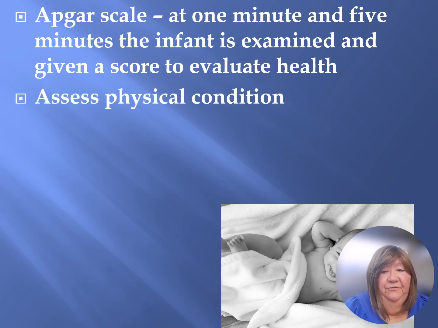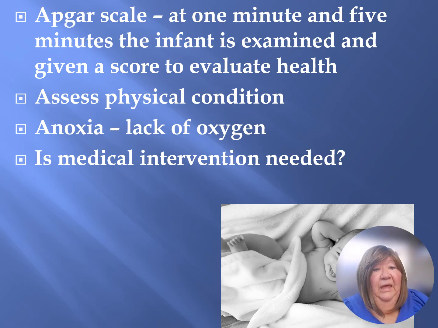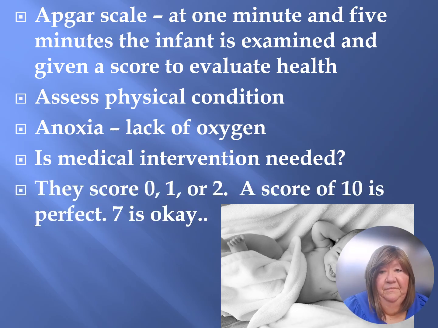It assesses their physical condition. And it helps answer the question, is medical intervention needed? They just need to clean the baby up and wrap it and give it to the mom and dad, or do they need to go take care of something that the baby's missing?